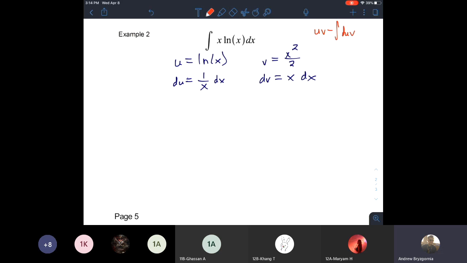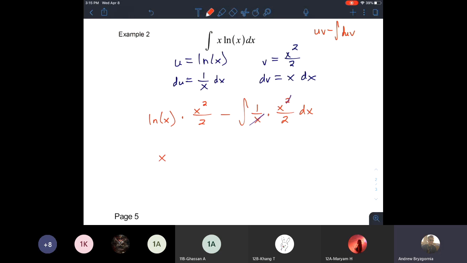So once again, here's our equation. So uv will be natural log of x times x squared over 2. We're going to do minus, and then we will get 1 over x for du. V is x squared over 2. And we get dx. And just like I said, our integral is going to be able to cancel some things out. So we can get rid of the square. We can get rid of the x in the denominator there.